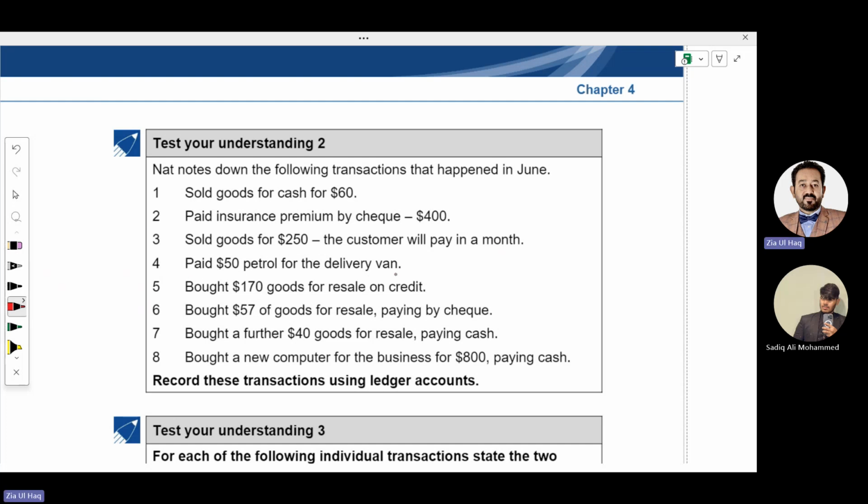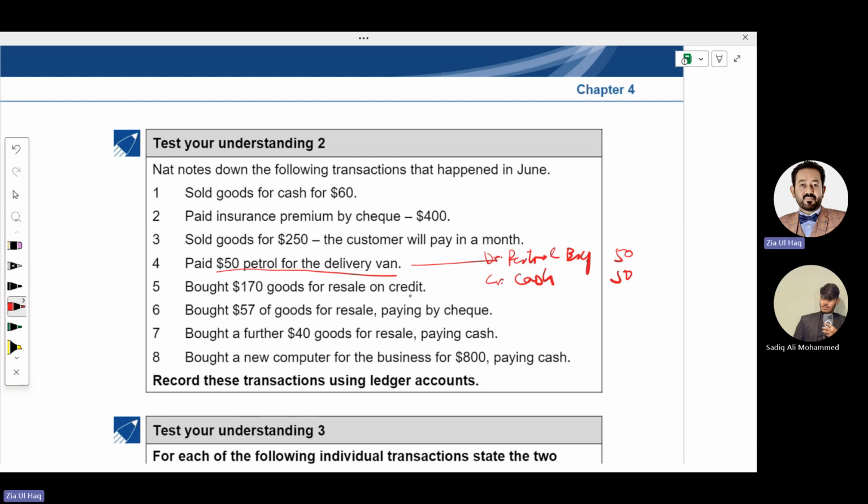Paid 50 petrol for the delivery van: petrol expense debit or motor expense debit, cash credit. Petrol expense to cash, how much? 50. This is debit and this is credit because cash is going out.